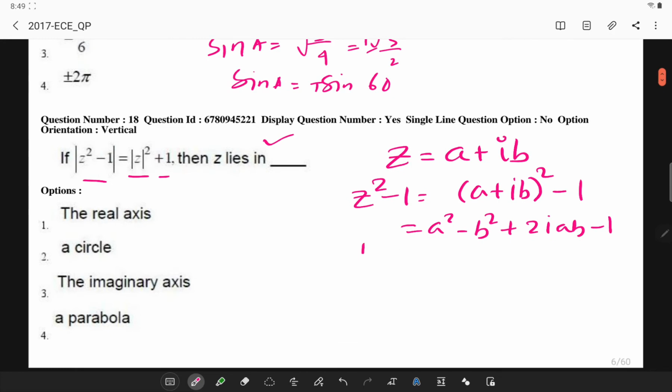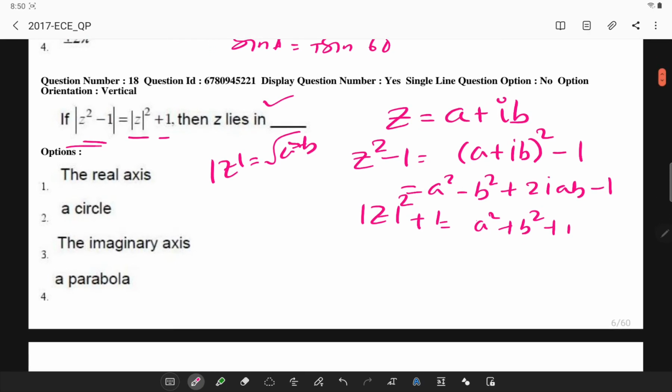Next, what is the value of mod z square plus 1? So mod z is simply root over a square plus b square. So if I substitute it, it will be a square plus b square plus 1. Now since if you observe here there is a modulus again, so I have to do a squaring sort of a thing.